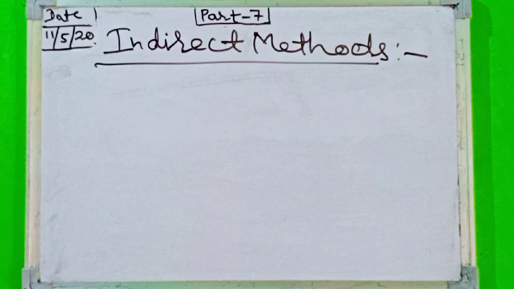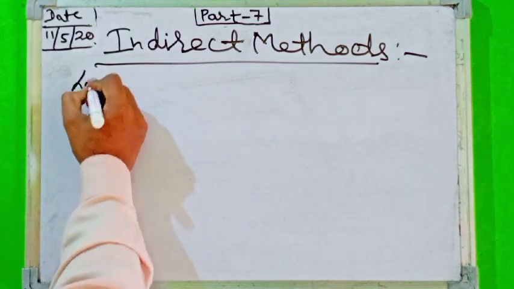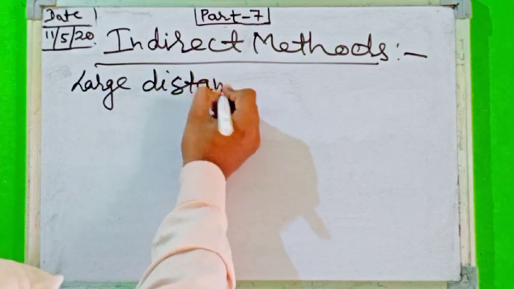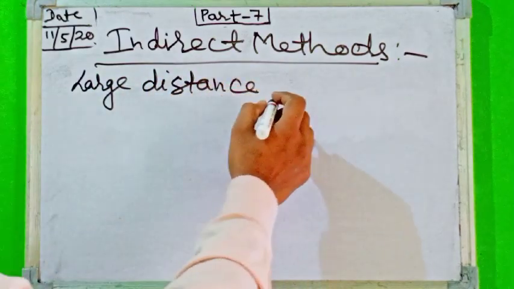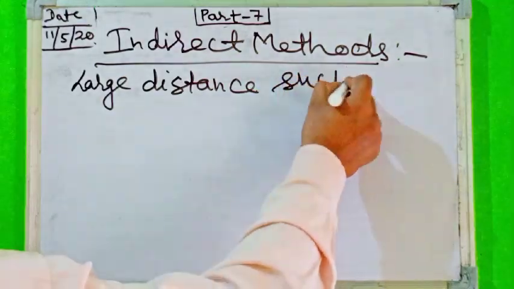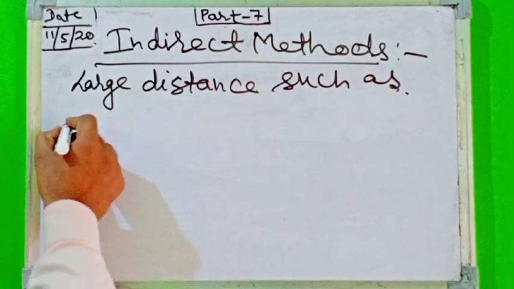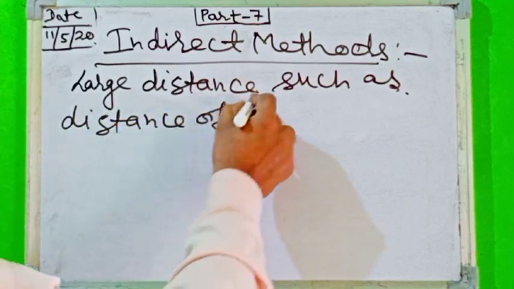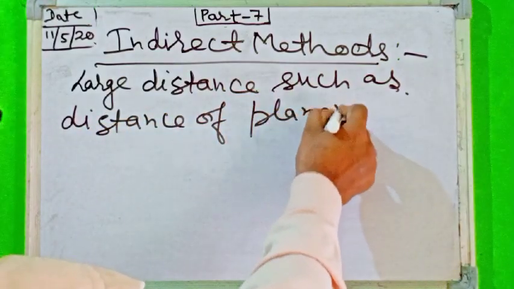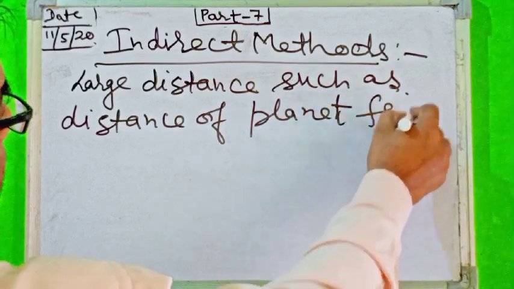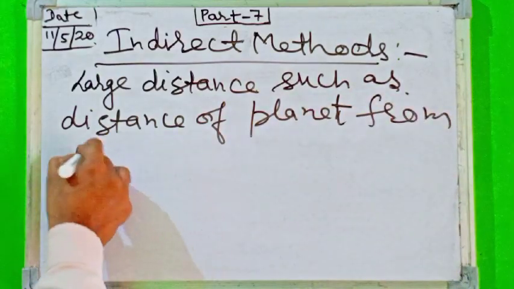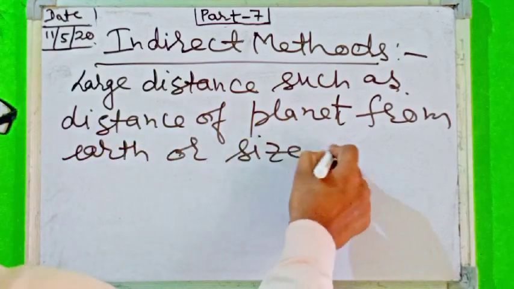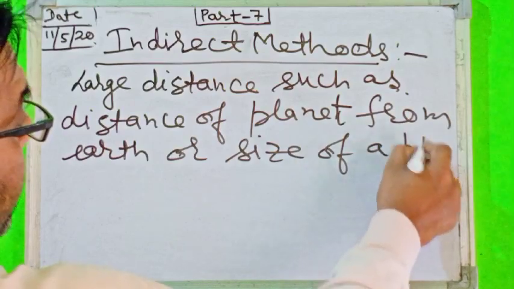That is, for large distances, such as the distance of a planet from Earth, or the size of a planet.